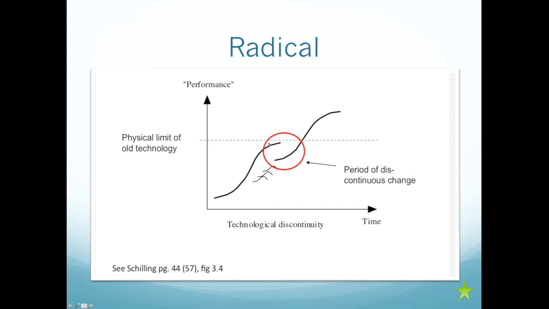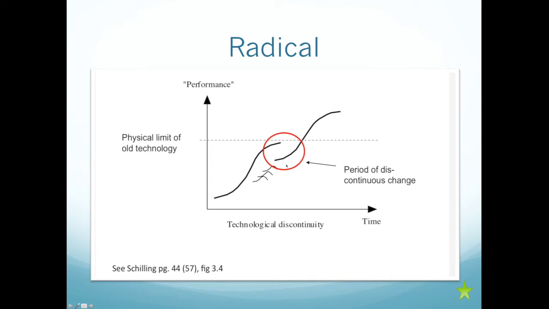During this time, when we reach this physical limit, there will have been things going on here. Perhaps things have started in some kind of niche market, perhaps developing something new. And here, for a short while, two technologies will coexist. Here, something new has begun to be developed. So here, this will be some kind of period of discontinuous change. Something will happen here.